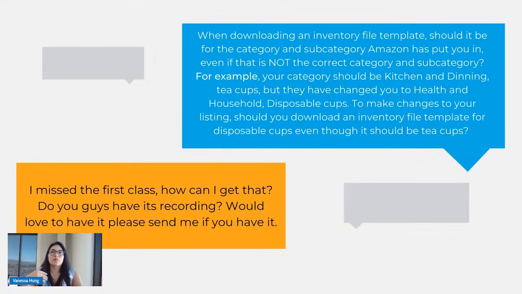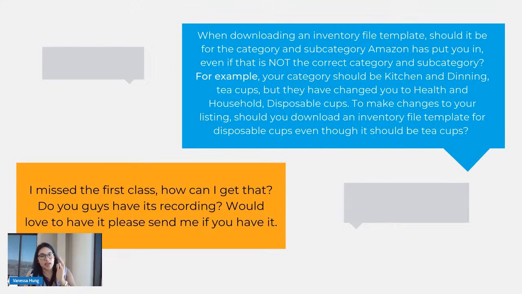But if you come to the situation of, hey Vanessa, there are 4 different subcategories that make sense for my listing, what should I decide to put it under? It's up to you. It's where do you see the highest velocity? What has been working for us is that the smaller niche is the better one. Teacups is a huge, high velocity, high competition subcategory, but disposable cups are not.